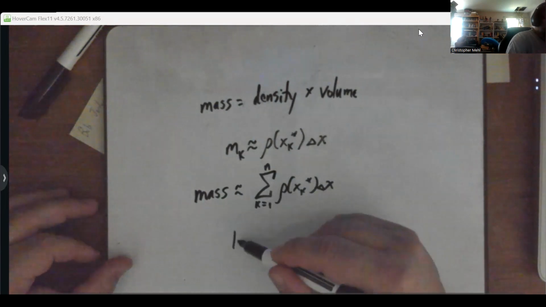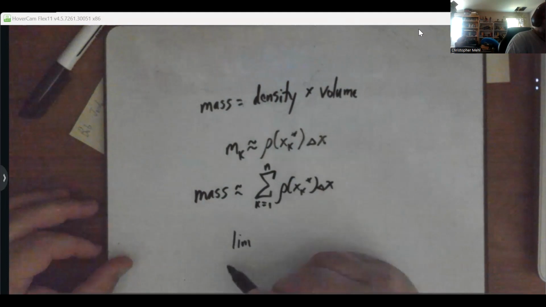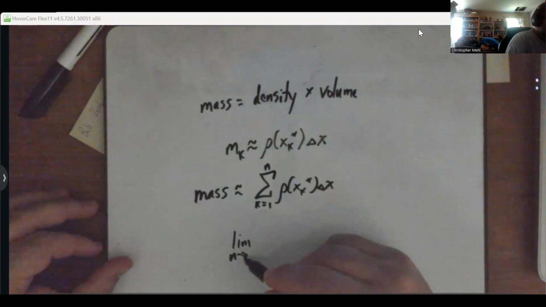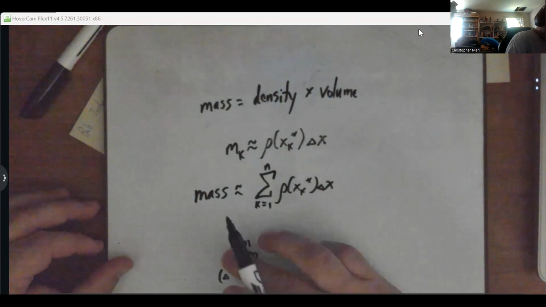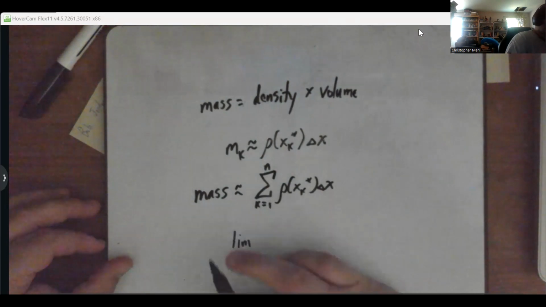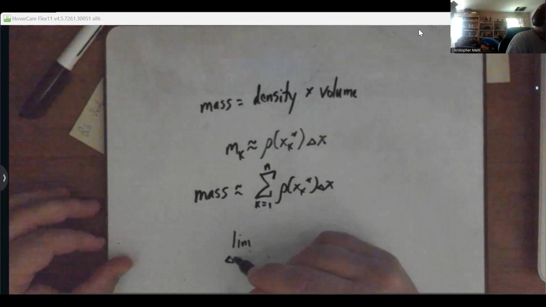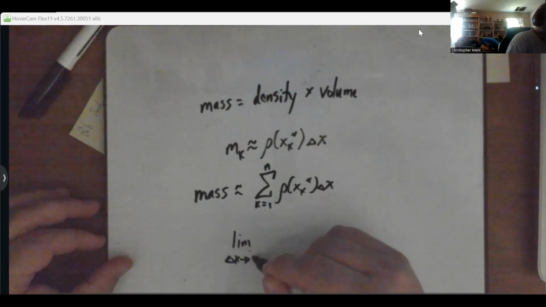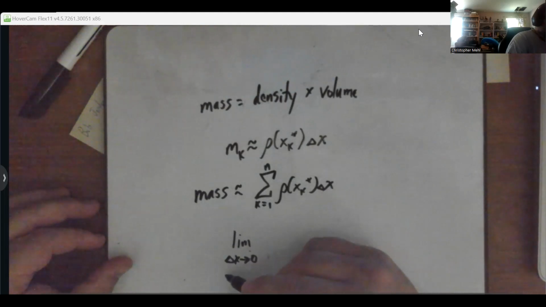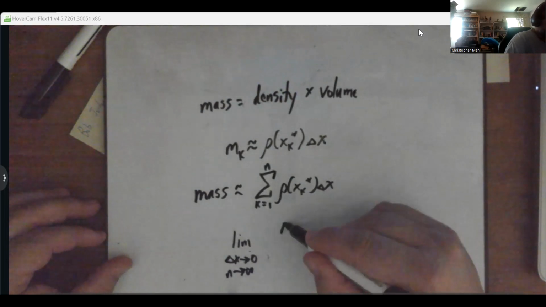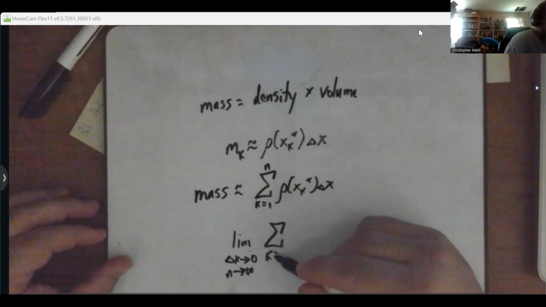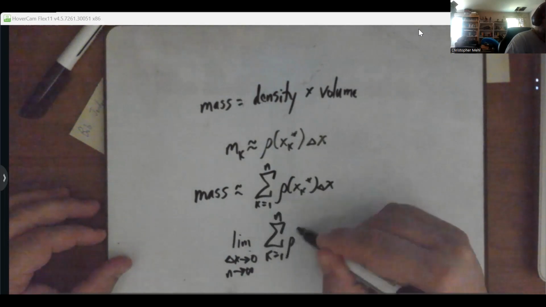And then what we're going to do is take the limit as n goes to infinity. What we really want to do, if you remember, is do this in a way where delta x goes to 0, and that makes n go to infinity, of this sum.